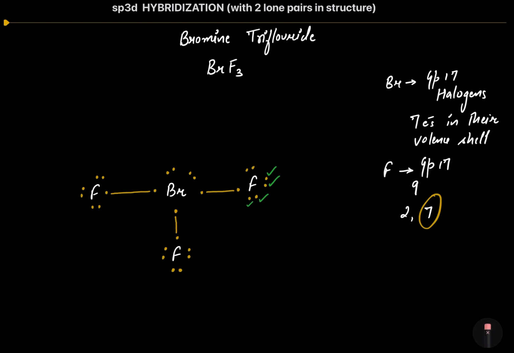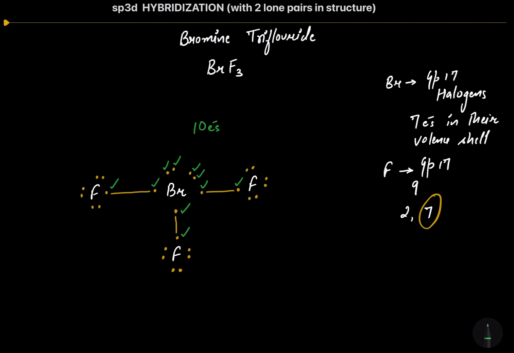Now let's count the number of valence electrons for bromine after the formation of 3 bonds with 3 fluorine. So that's the first electron through the 10th. So here bromine has attained 10 electrons in its valence shell after the formation of 1-1 bond with fluorine.